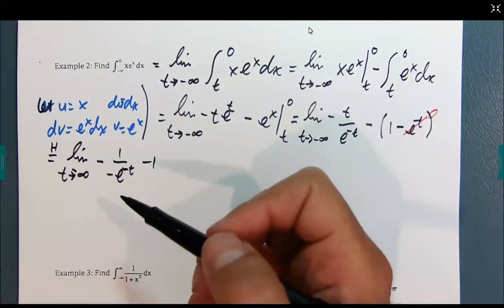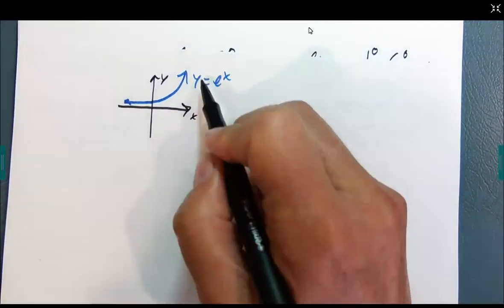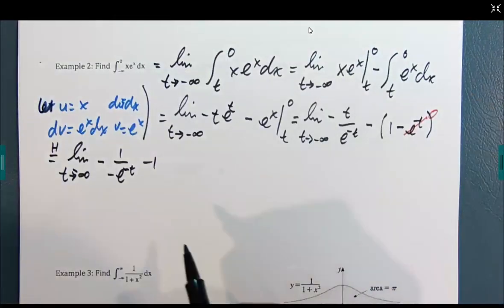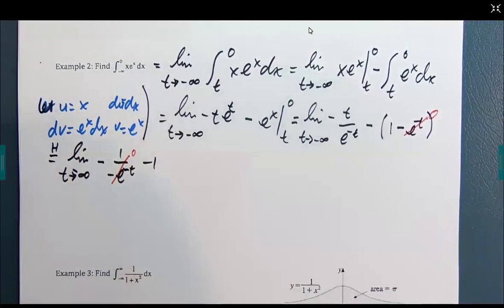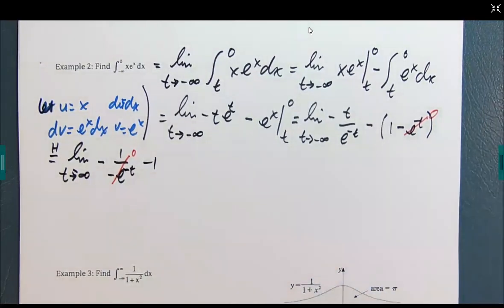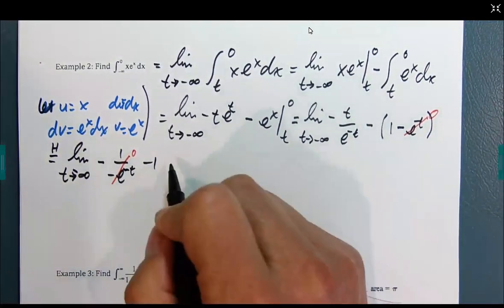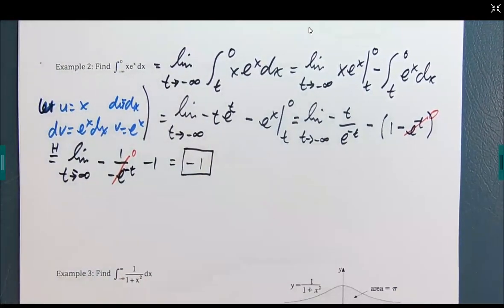As e to the x goes off to positive infinity, y goes to positive infinity. And when the denominator goes to infinity, the whole piece goes to 0, giving us our final answer of negative 1. You may want to walk back through that one. That one's kind of filled with a lot of craziness there.